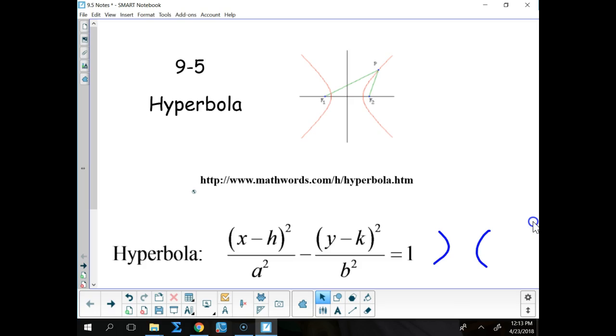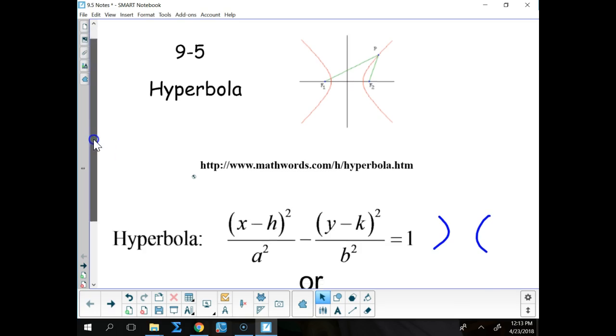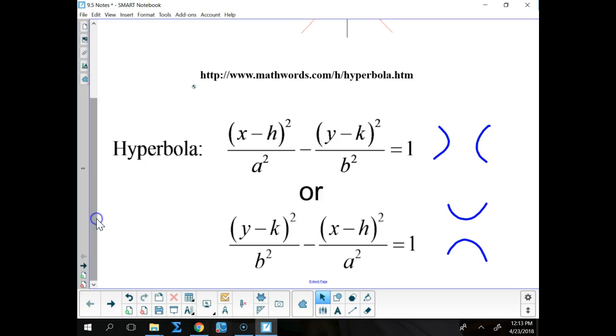Unfortunately, for hyperbolas, there are two equations. There's an equation for a left and a right hyperbola. There's an equation for an up-down hyperbola.